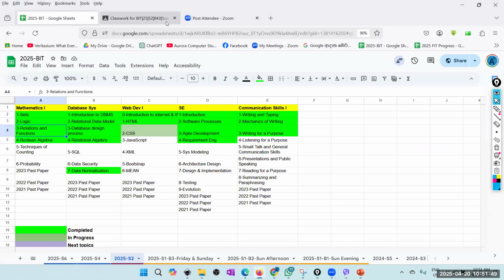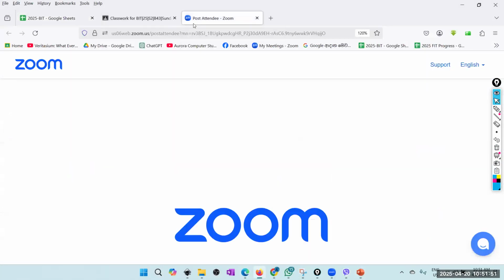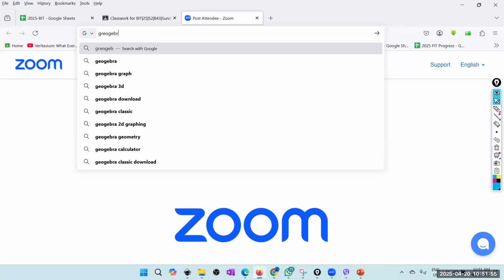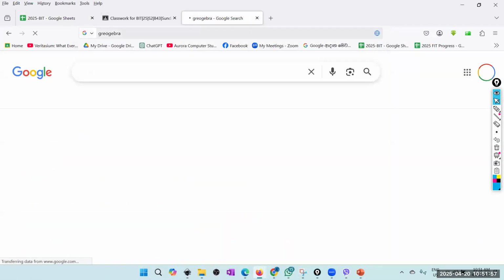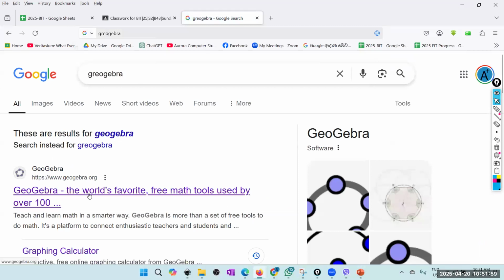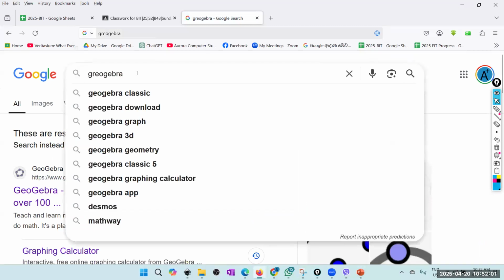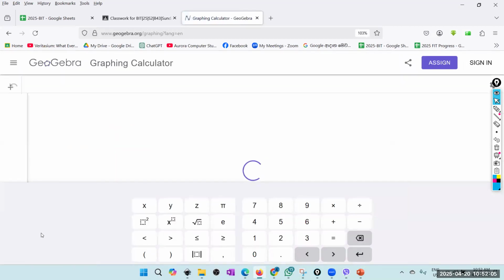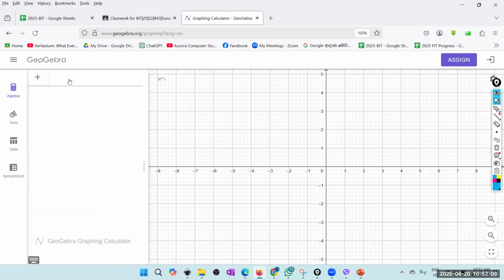So you can go to something like GeoGebra or any other graphing tool. GeoGebra is the most famous. GeoGebra graphing calculator. Say I have y equal 2x plus 3.